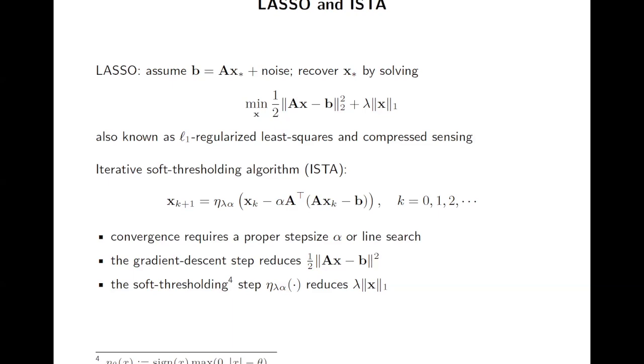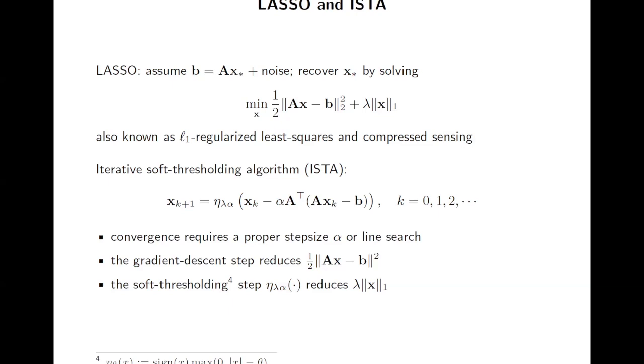So the reason you're solving using an iterative method is because A is a very large matrix, or what's the reason? Because X is typically sparse and high dimensional, and B is low dimensional, and A is like a downsampling operator. It's an underdetermined operator.